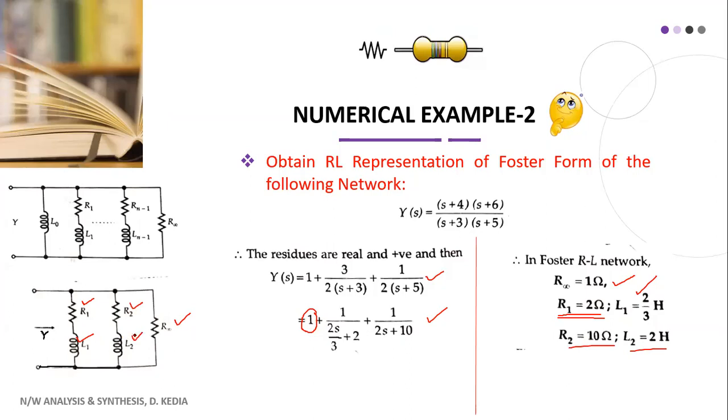And since we do not have any component for this one, obviously this is missing. We do not include that. So this is your RL representation for Foster second form. Okay, so the admittance function was given, so that's why it was clear that we have to go for the second form.